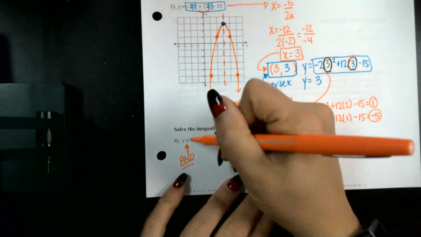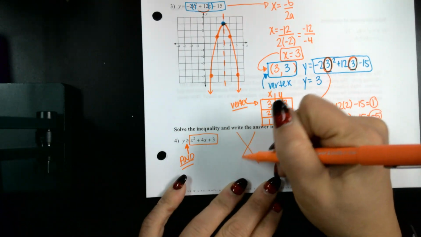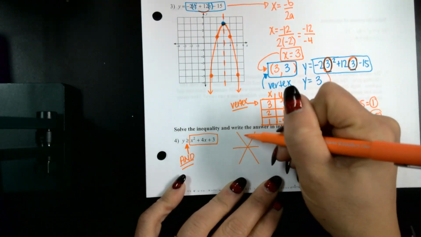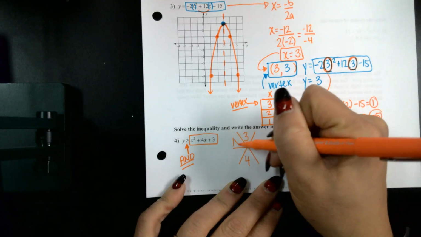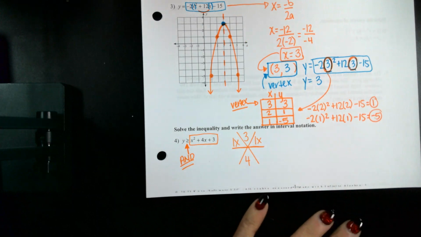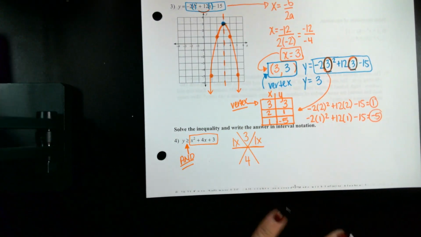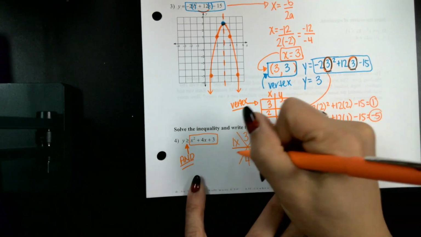So all you guys have to do is just factor this side. We're going to factor this side like we always do. 3 and 4. What two numbers multiply to give you 3 that add to give you 4? 1 and 3.